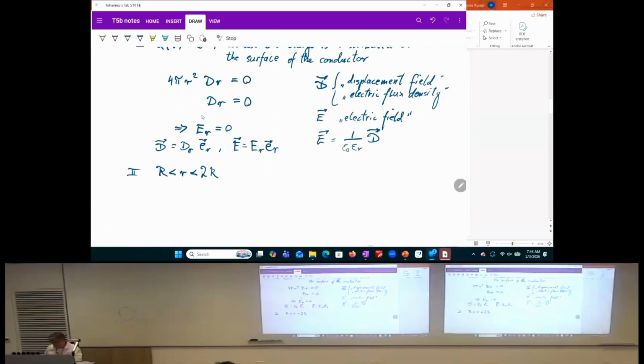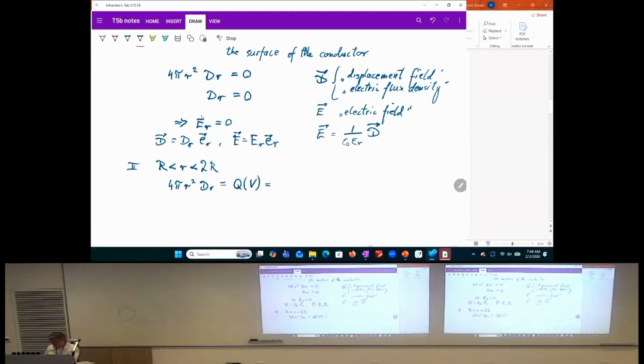Okay, let's evaluate the Gauss law again. On the left-hand side, we have 4 pi r squared times D_r. That is always in all regions. And Q of the volume is now just the charge Q that has been added there.